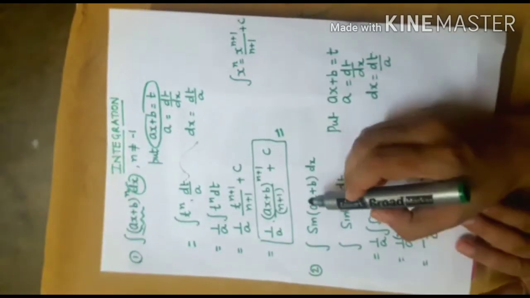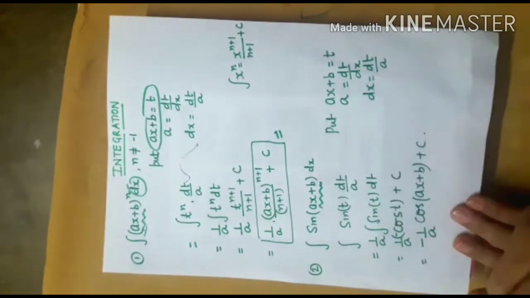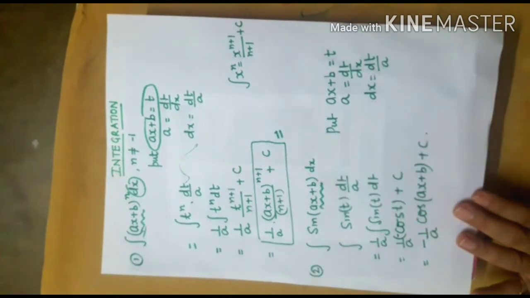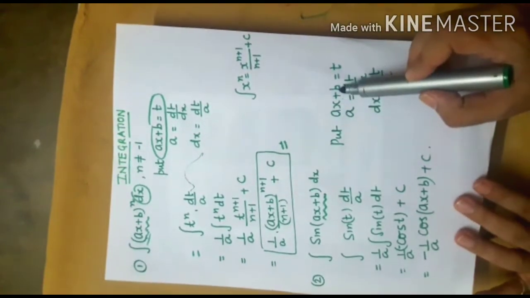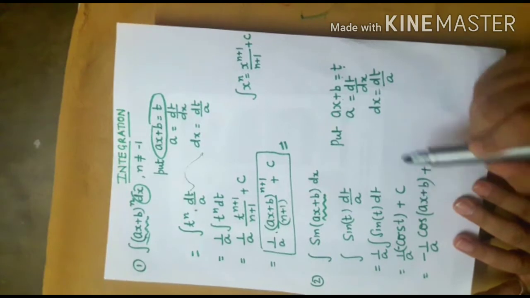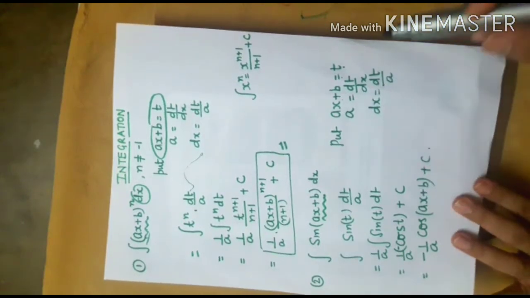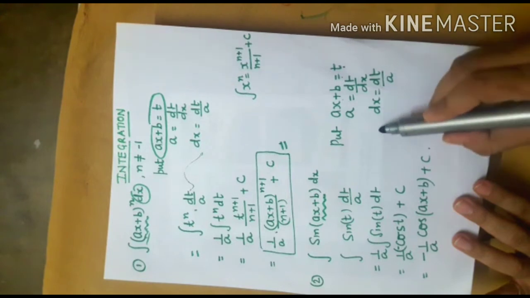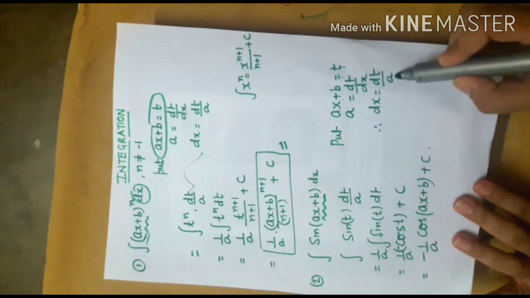Now similarly, suppose we are to evaluate the integral of sine(ax plus b) dx. Yes, what is the derivative of ax plus b? It is a constant. So what I do, I'll put ax plus b equals t. Differentiating both sides with respect to x, I'll get a equals dt over dx. From here, dx will be equal to dt over a.